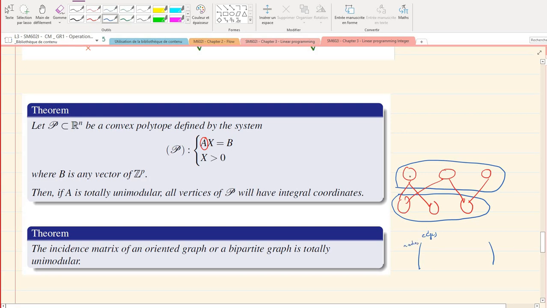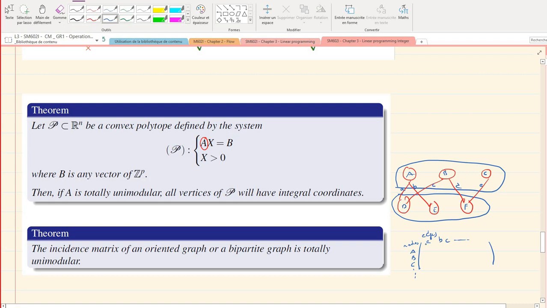So you will give names to the nodes, let's say A, B, C, D, E, F, and for the edges as well. Sorry, the nodes are big A, B, C, etc., and the edges are small a, b, c, etc.